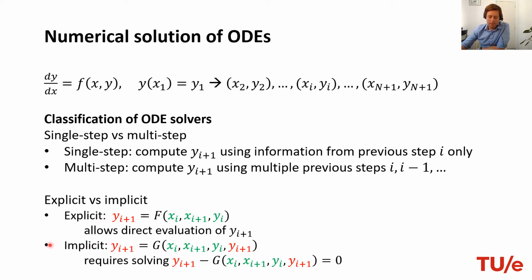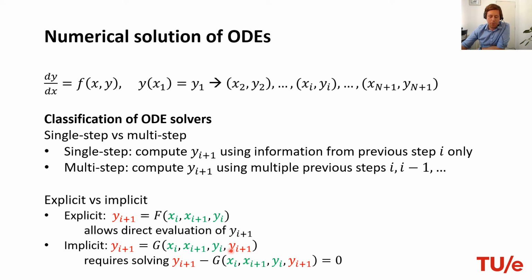Whereas for implicit methods, this is not the case. Here we will write the numerical scheme in such a way that you cannot come up with such an explicit formulation, but we still have this unknown value y subscript i plus 1 in the right-hand side over here.